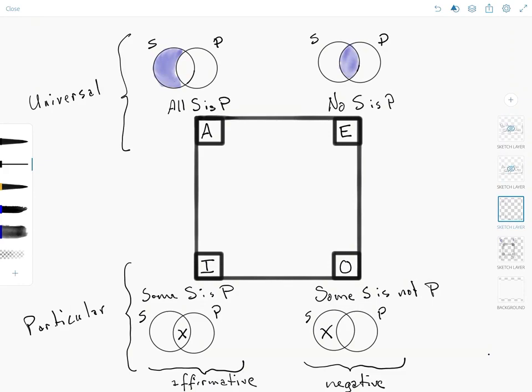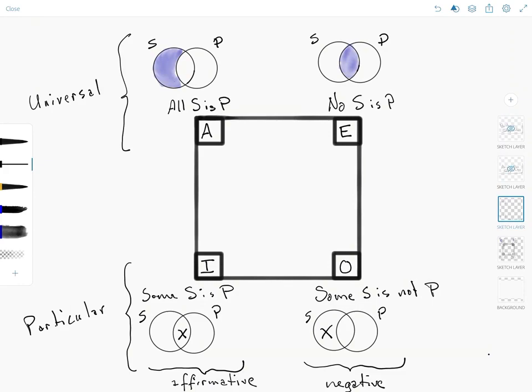So, for instance, all S is P is a universal affirmative because it says every member of S must belong inside of P. In order to illustrate that, we construct a Venn diagram and shade the portion of the S circle that's outside of P, which in effect forces all the S's there are inside the P circle. So that shading means empty.